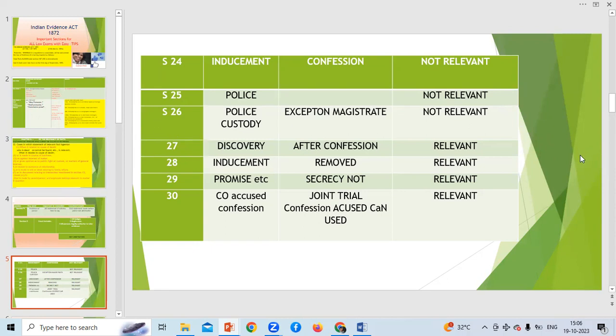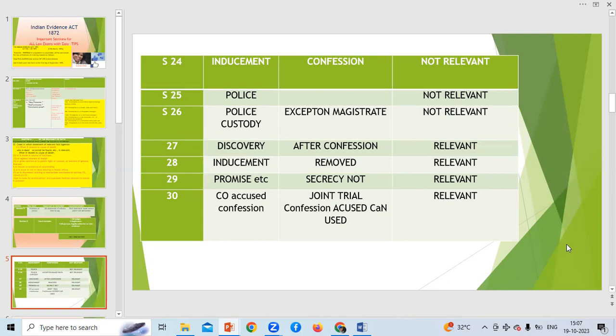Section 26. Police custody. Wherever a person in police custody gives any statement of confession, it will not be treated as relevant, as it may be taken due to some force. Definitely, it is just a natural thing that comes to mind. जेव्हा पोलीस कस्टडीमध्ये एखादा माणूस असतो तेव्हा तो फोर्सिबली एखादी गोष्ट कन्फेस करू शकतो, आणि तो केल्यामुळे किंवा तशी शक्यता असल्यामुळे it is treated as not relevant.